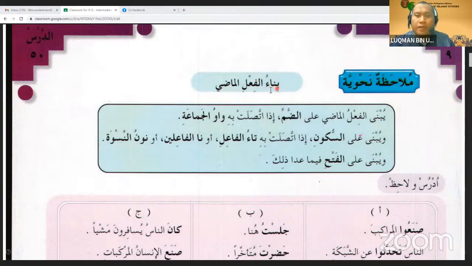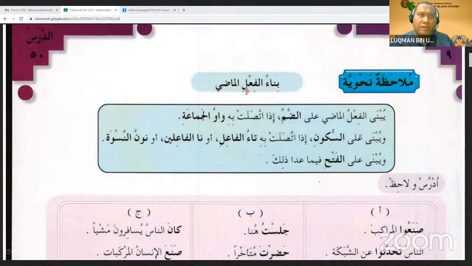So here, bina, mabni, means it is static. It doesn't change. Whatever happens, the ending sign is still the same. Okay. Bina'ul fi'lil madi.